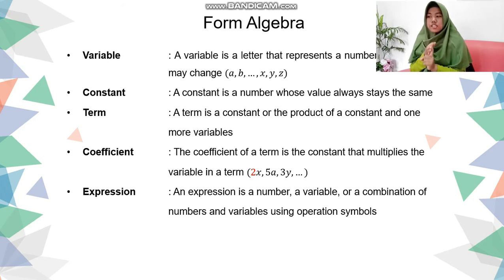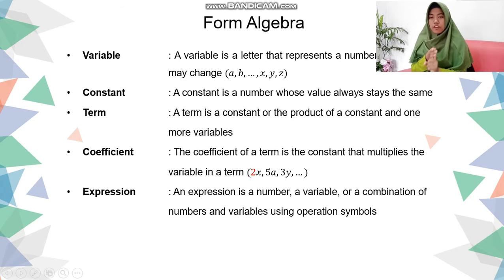Third, term. A term is a constant or the product of a constant and one or more variables. Fourth, coefficient. The coefficient of a term is the constant that multiplies the variable in a term.